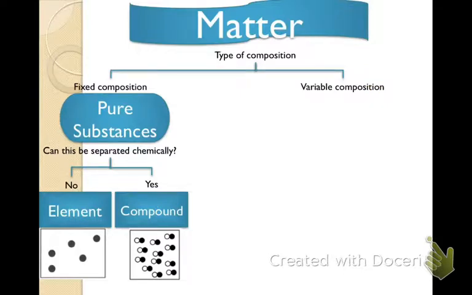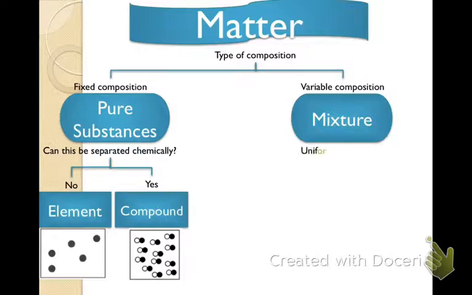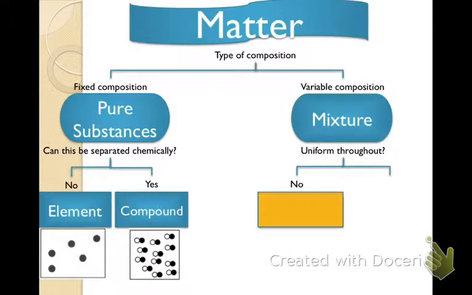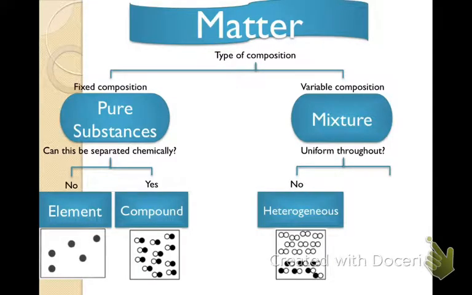If they have variable composition, meaning not fixed or the composition itself can change up a bit, we call them mixtures. And then we talk about if they're uniform throughout, meaning do they look the same throughout the container. If they don't look the same, we call them heterogeneous. And here's a particle diagram for that.